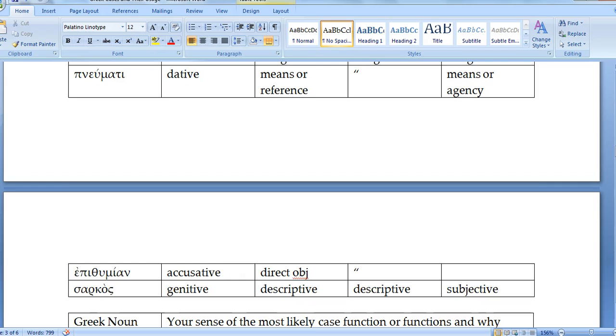Paul presents them as acting upon us, dragging us along in one direction or another. So the desires of the flesh might very naturally point to what the flesh wants. And we either go along with it, or we walk by the Spirit and we escape going along with it.